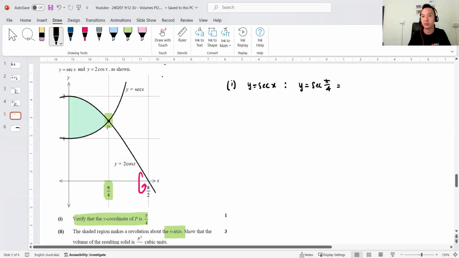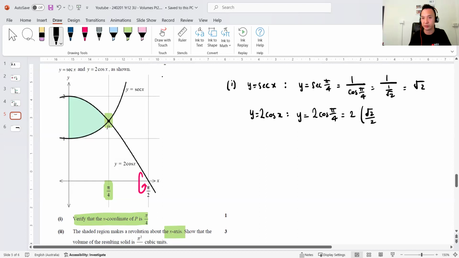Now I know that sec pi on 4 is 1 on cos pi on 4, which is 1 on root 2, it's root 2, right? And for the other graph, y equals 2 cos x, y equals 2 cos pi on 4, that is 2 times. Now, another way of writing 1 on root 2 for cos is root 2 on 2 if you rationalize. That's nice because then the 2 cancels out.